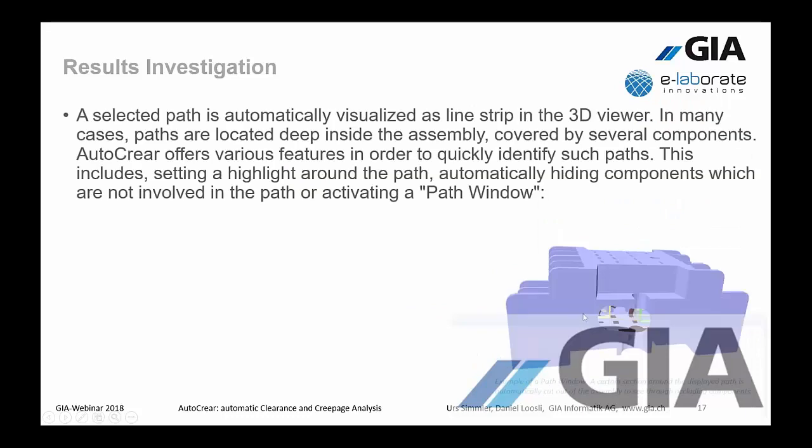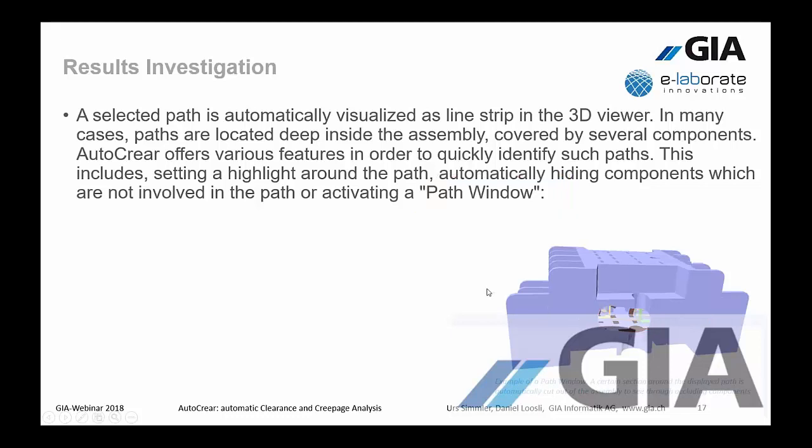Okay, when you are doing this post-processing, then you have a very nice capability called the Show Me a Path window. This path window is cutting your assembly here in order to see these paths very, very clearly.